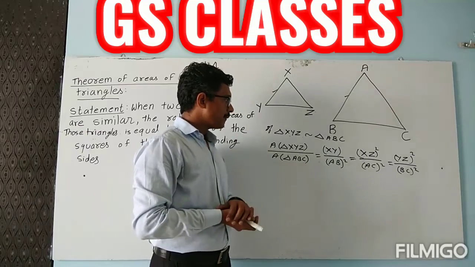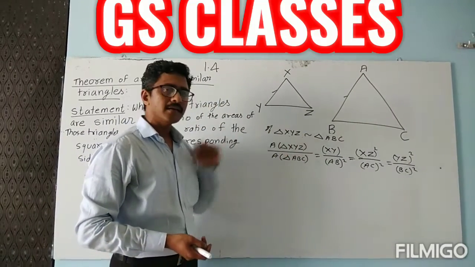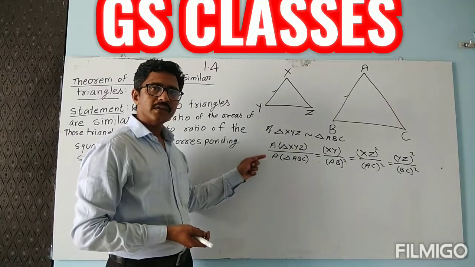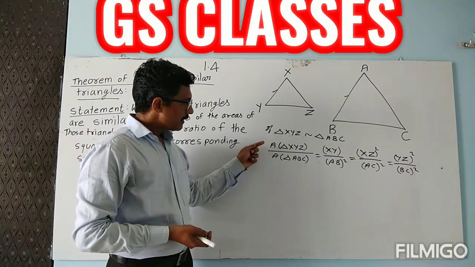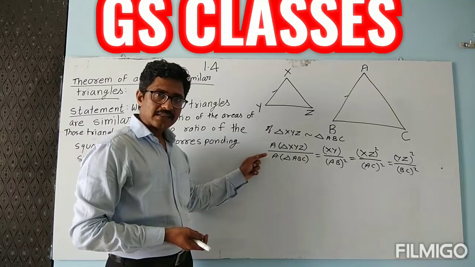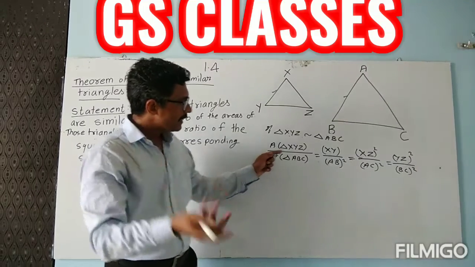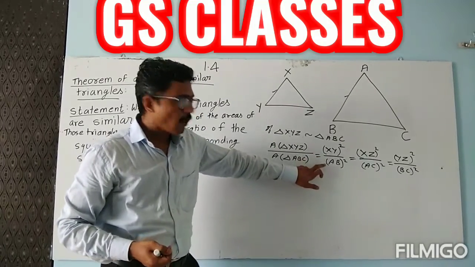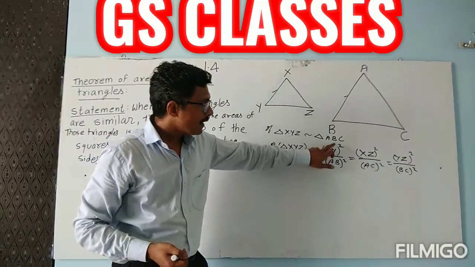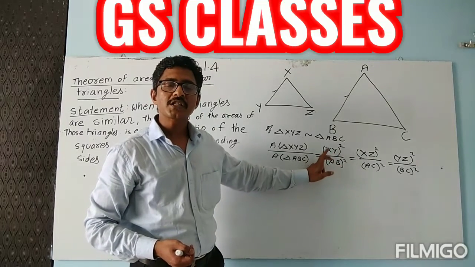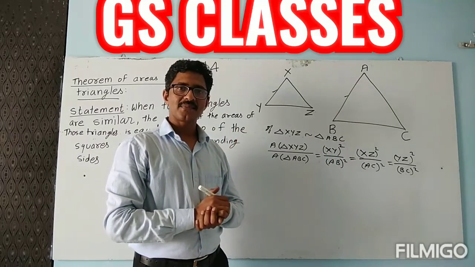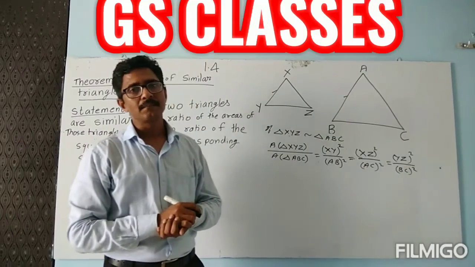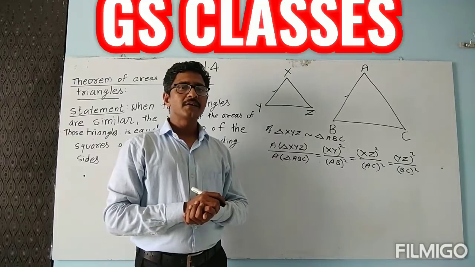Then according to the theorem, if two triangles are similar, the ratio of the areas of these triangles will be equal to the ratio of the squares of corresponding sides. So children, revise this theorem, and with the help of this theorem, we are going to start with the numericals.